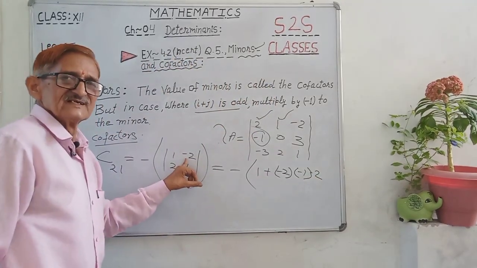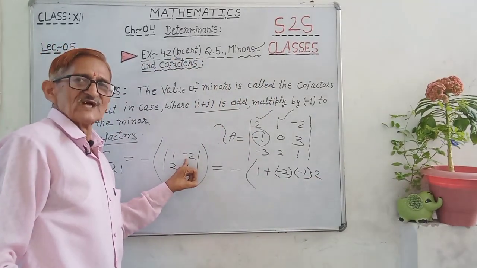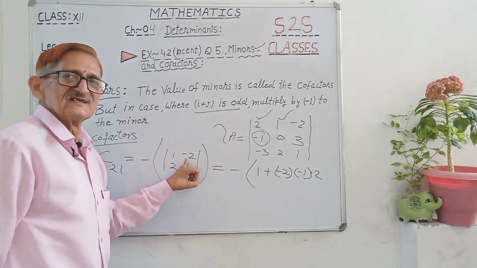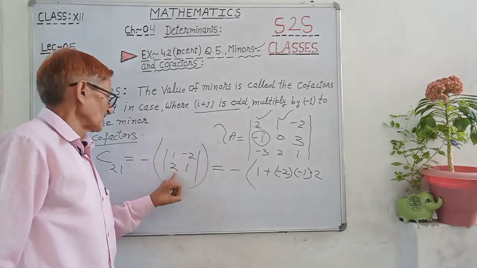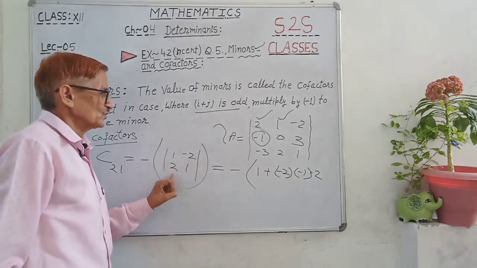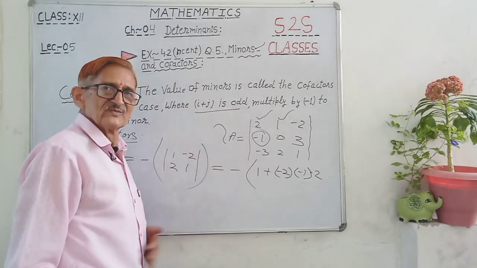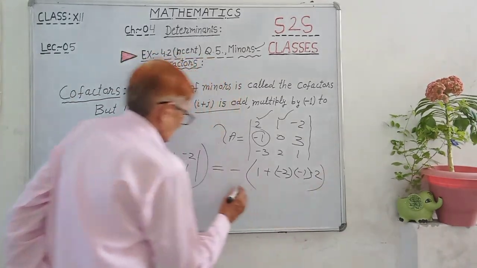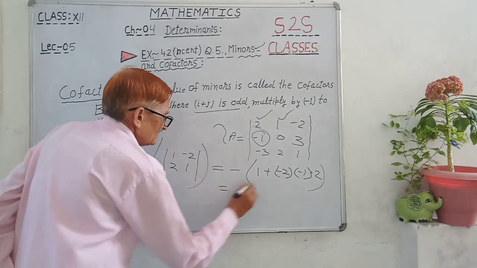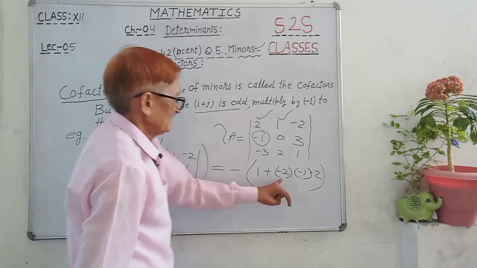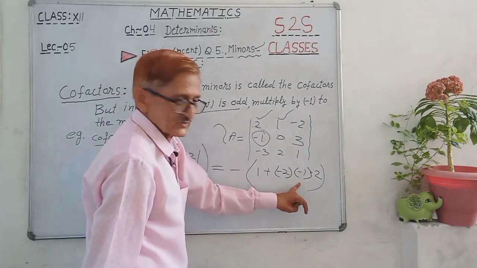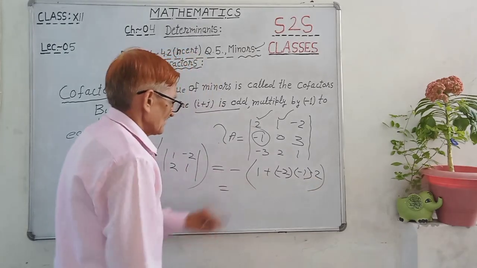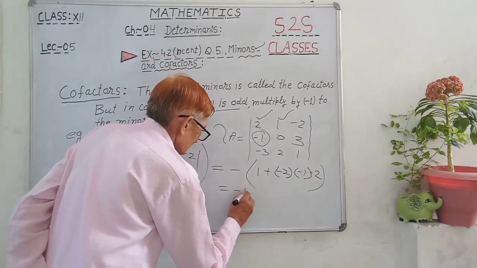Minus 2 element into minus 1, because ith jth of this element is odd, so multiply by minus 1 into the remaining cancel and then 2, so remaining is that 2. Okay, this is the expansion of this, and multiply by minus, so solve: minus 2 into minus 1 2, 2 2 ja 4, 4 plus 1 5 and minus out, minus 5.